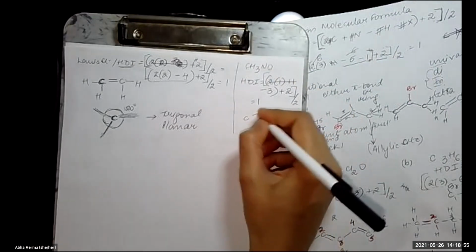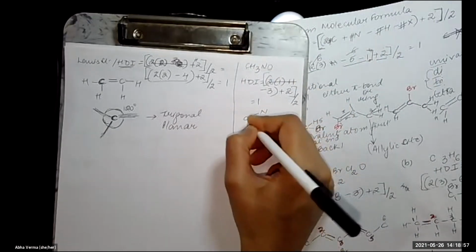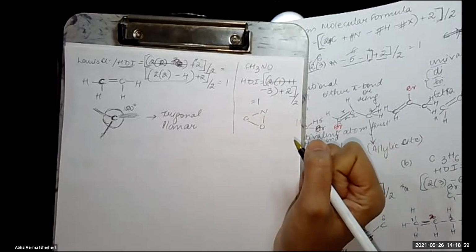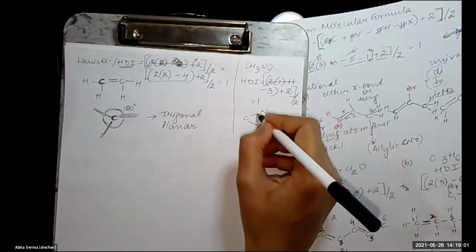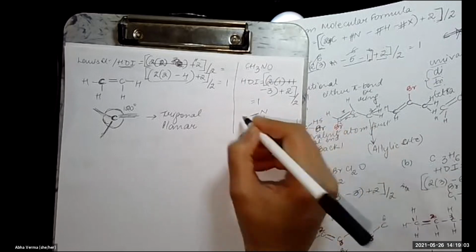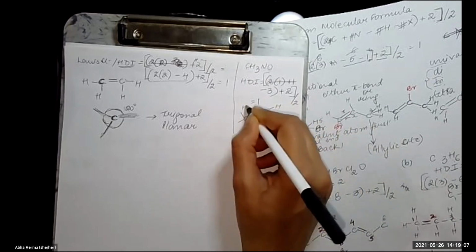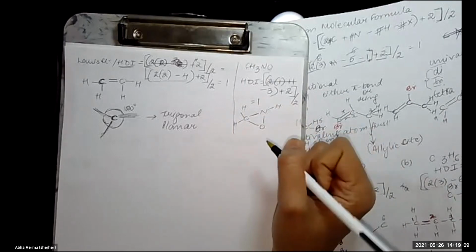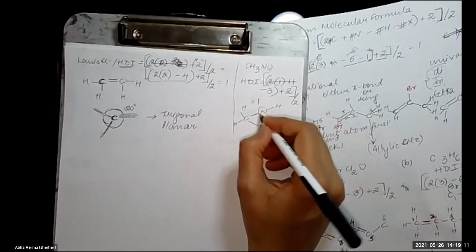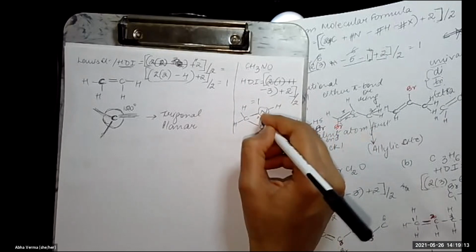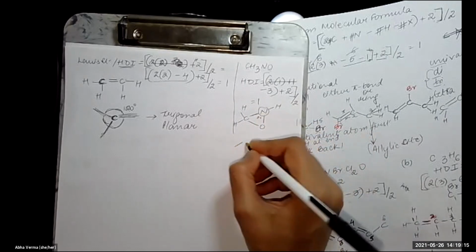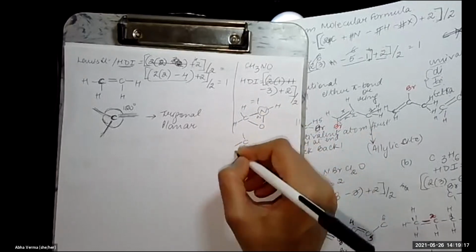Even if you make a ring of these 3, right? We will not be able to complete our hybridizations in this particular set, and in this particular structure.